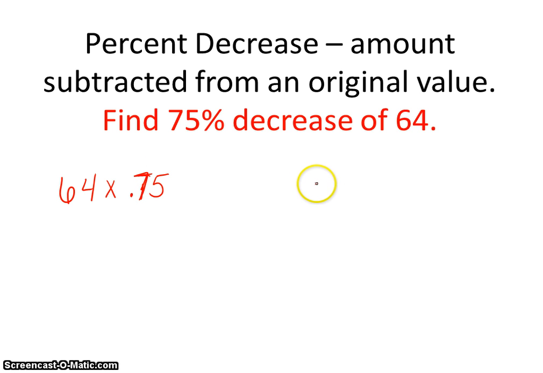I can find 75% of 64 as a decimal by turning 75% into 75 hundredths, or I can find it with fractions by taking 64 times 75% as a fraction. In either case, I would get 48.